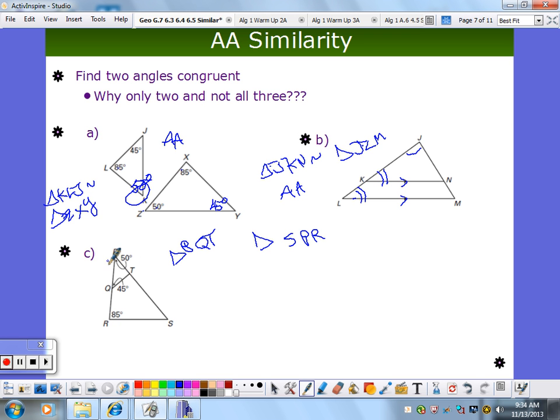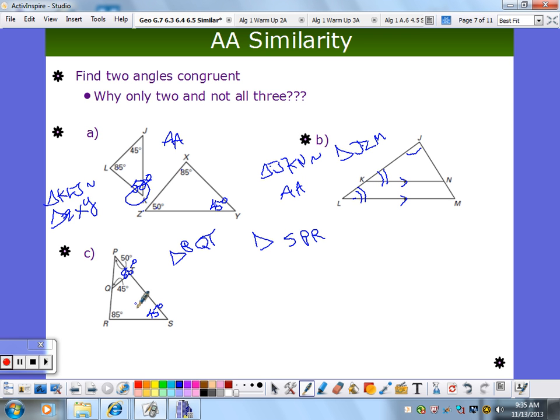Two angles in my little triangle. So if this one's 50 and this one's 45, well, that one's 85. It looks like the same measures as example A. So I also know this one's 50, this one's 85, so this one has to be 45.